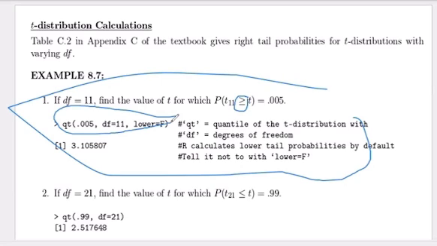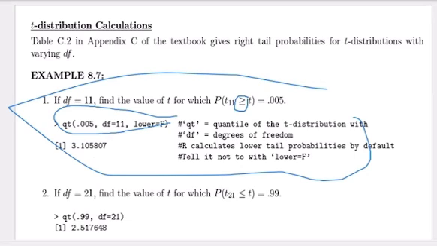If I want to get a z-score, it's qnorm. I indicate qt, then put the degree of freedom, which is 11, that's why you see t subscript 11. Then I write lower equal to F. F means false, because the sign is greater than.